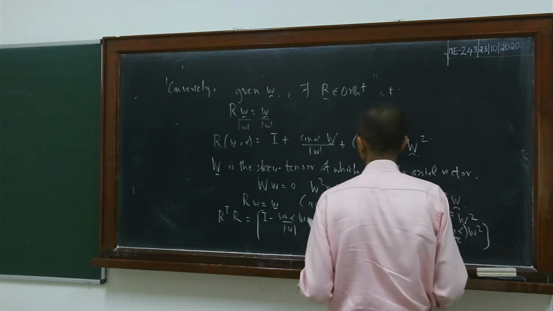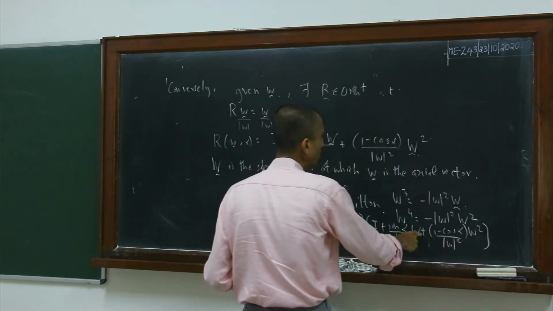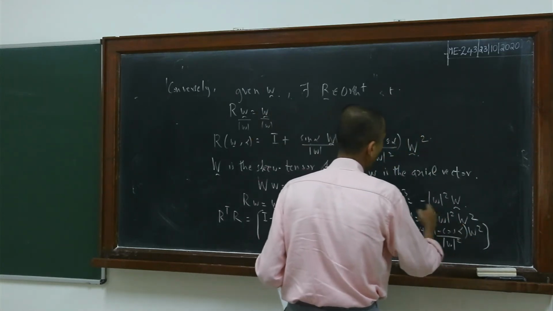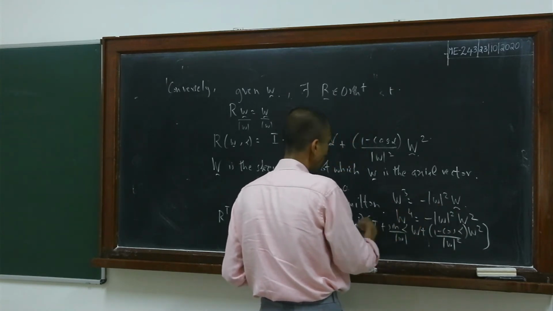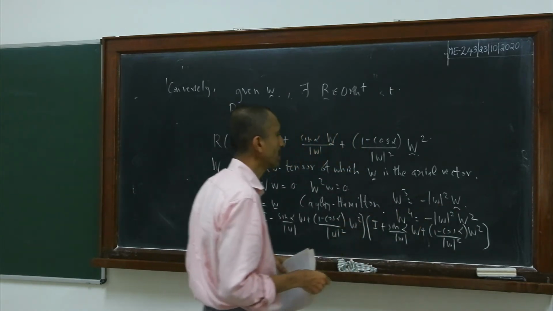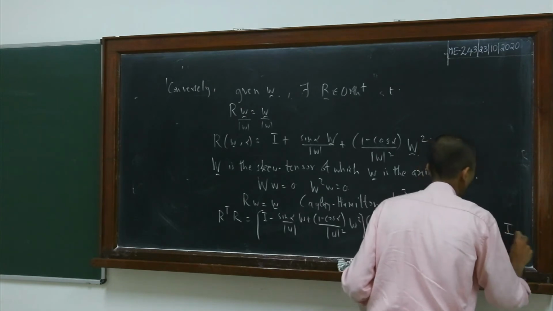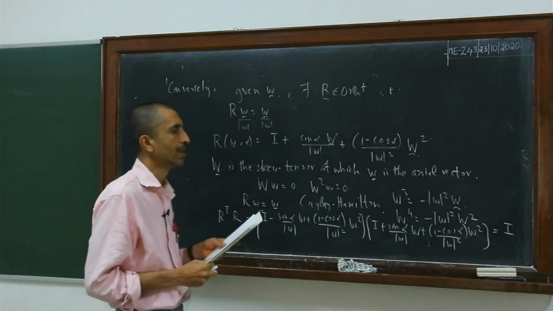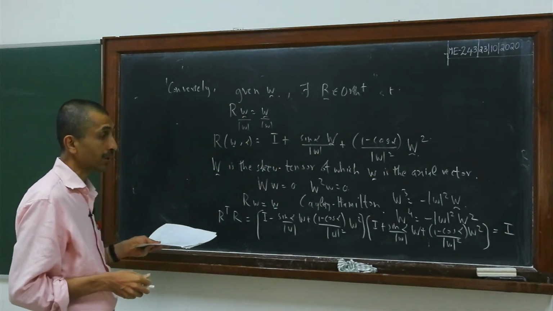Okay, so you will get W cube, you will get W raised to 4, but we have already said what those things are. If you substitute all of these things, finally you will get that this is equal to the identity tensor. So that shows that R is an orthogonal tensor.